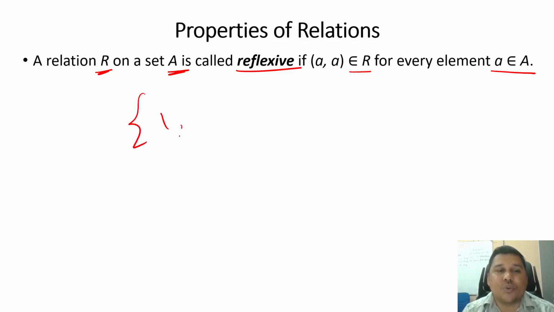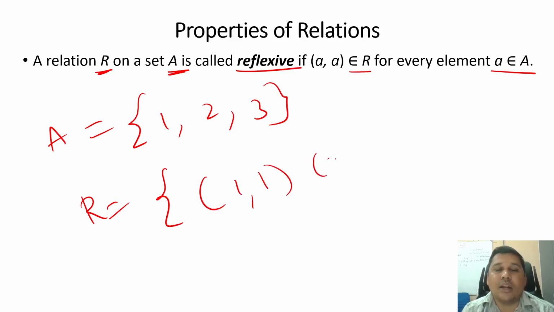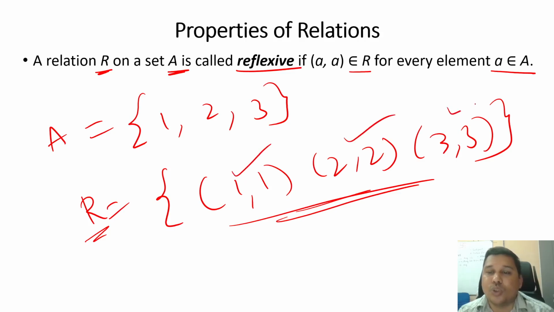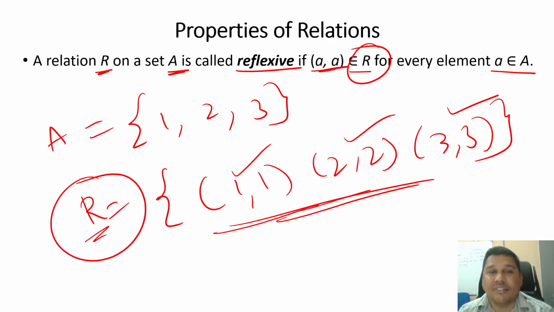So if there is a set 1, 2 and 3, and there is a relation R which contains (1, 1), (2, 2) and (3, 3) as elements. Many ordered pairs may be there in this relation, but it should definitely consist of (1, 1), (2, 2), (3, 3). That's what (a, a) belongs to R means. Then we say this kind of relation R is called a reflexive relation.